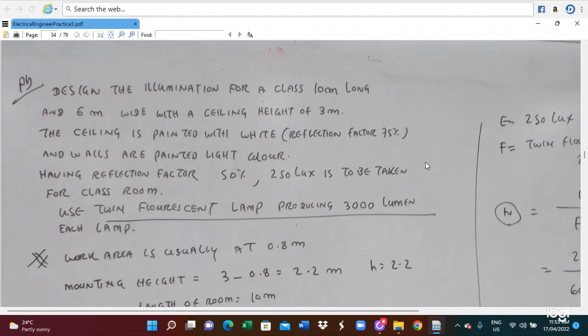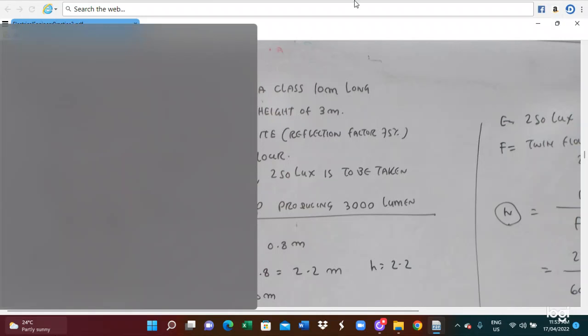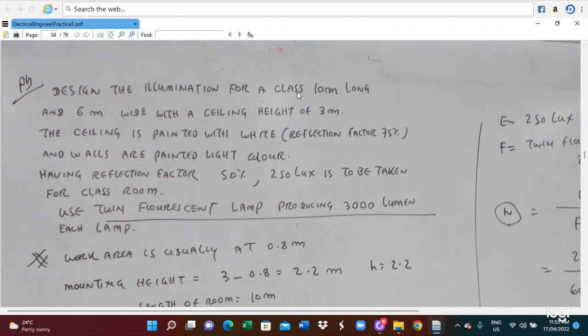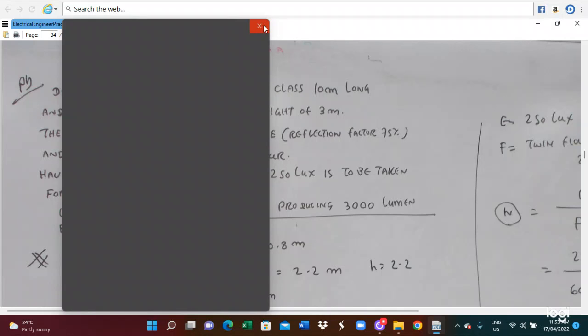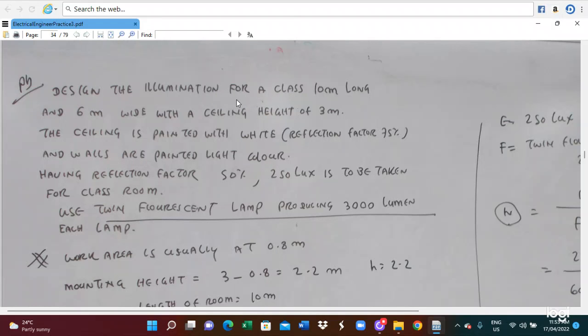Okay, in this problem we have to design the illumination for a classroom. The classroom is 10 meters long and 6 meters wide. Ceiling height is 3 meters.